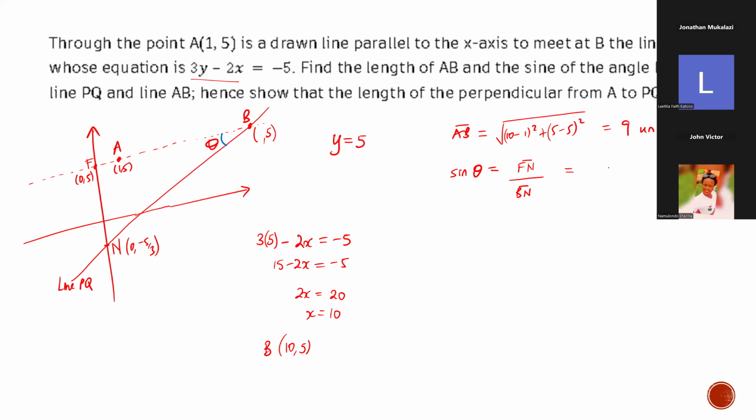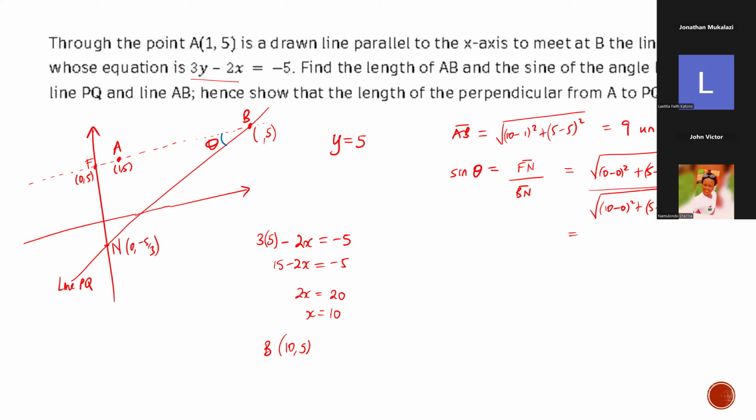FN is simply going to be, I'll use the formula, the square root of 0 minus 0 squared plus 5 minus 5 over 3 squared. And then BN is going to be the square root of 10 minus 0 squared plus 5 minus 5 over 3 squared.